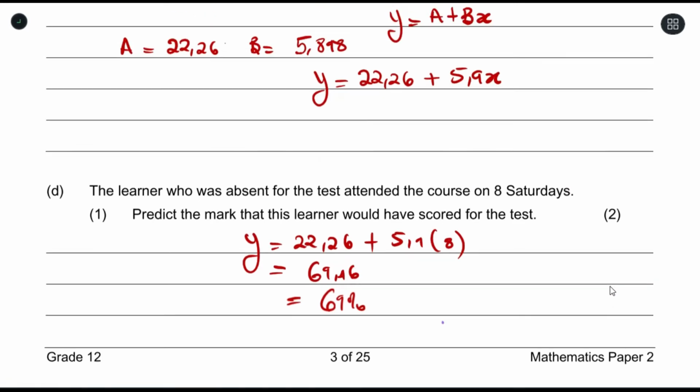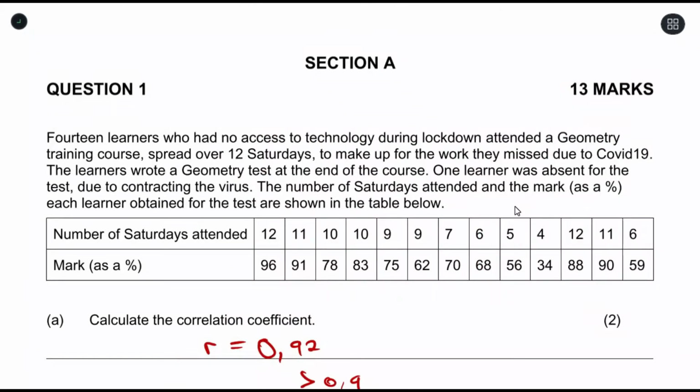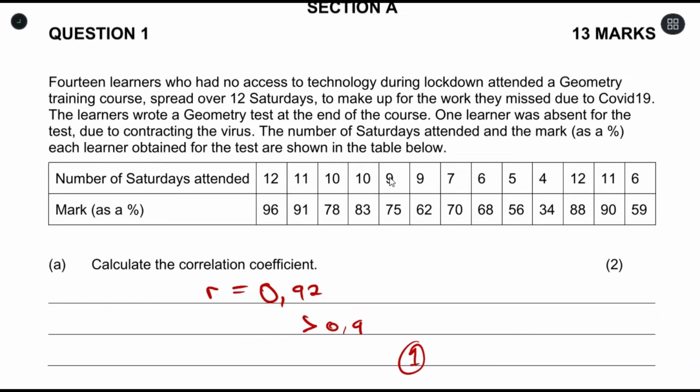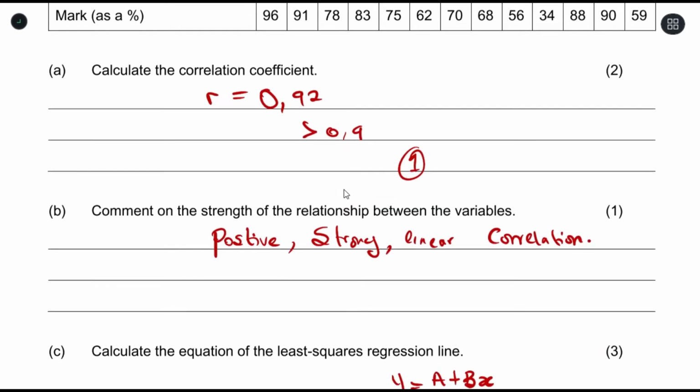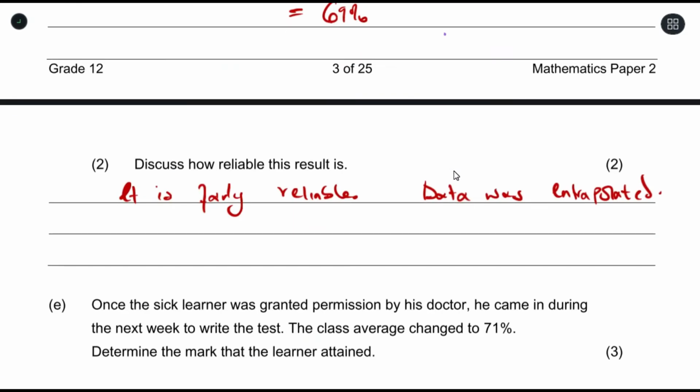And what that means is our value, which is 8, lies between our set of data points, right? Our data point for Saturdays was from 4 to 12, and what we're trying to get was 8. So since it falls within our set of data points, we can say that it is fairly reliable. If it is outside the data points, we'll say it is extrapolated, and that is not really reliable. But for this, it is reliable.